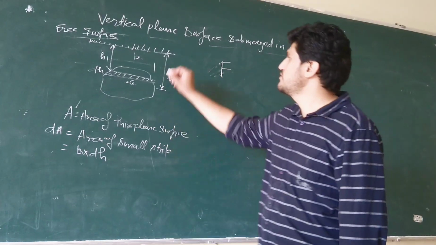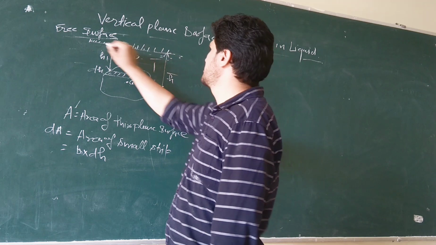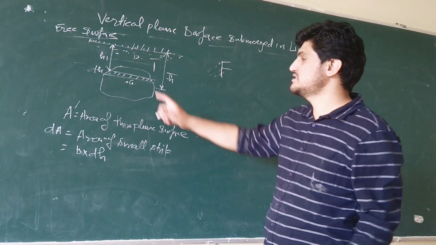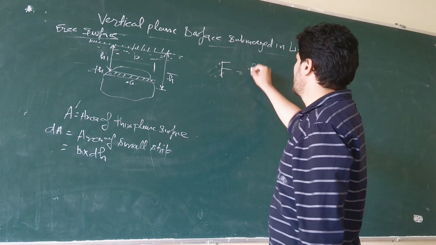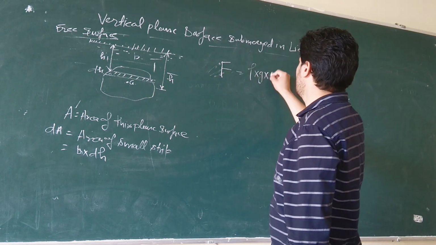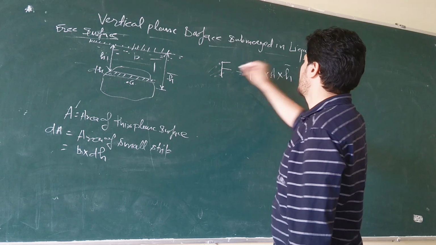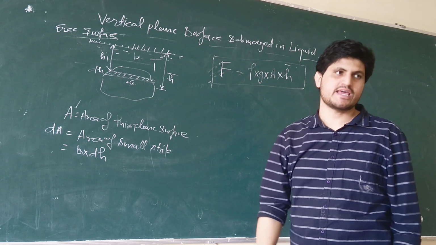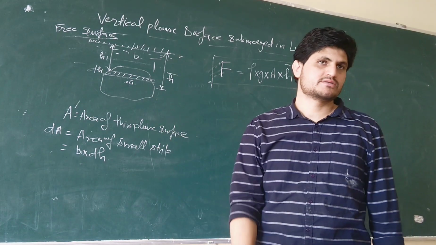What is the value of the force experienced by this area? It is equal to rho into g into A into h bar. So this is the total force which is acting on this surface.